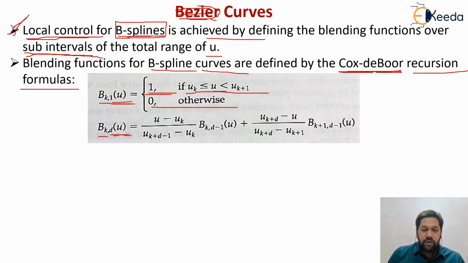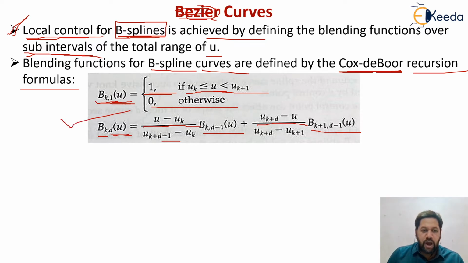It is calculated as (u minus u_k) divided by (u_{k+d-1} minus u_k), multiplied by B_{k,d-1}(u), which is the previous function, plus the same formula for the next point: (u_{k+d} minus u) divided by (u_{k+d} minus u_{k+1}), multiplied by B_{k+1,d-1}(u).